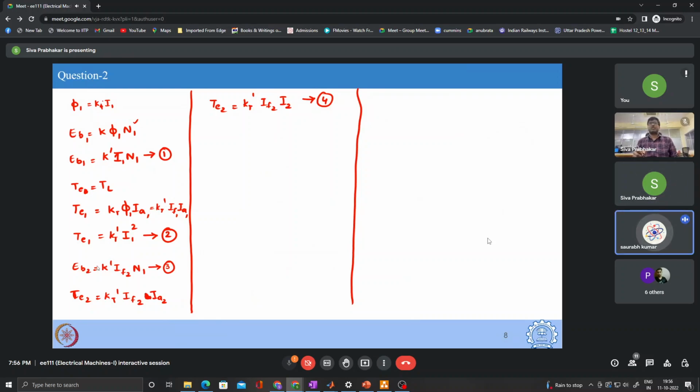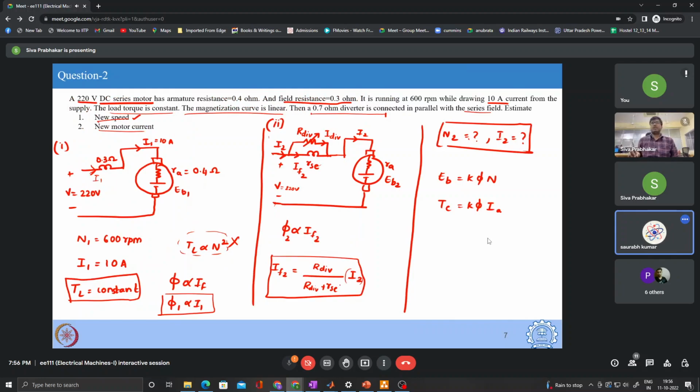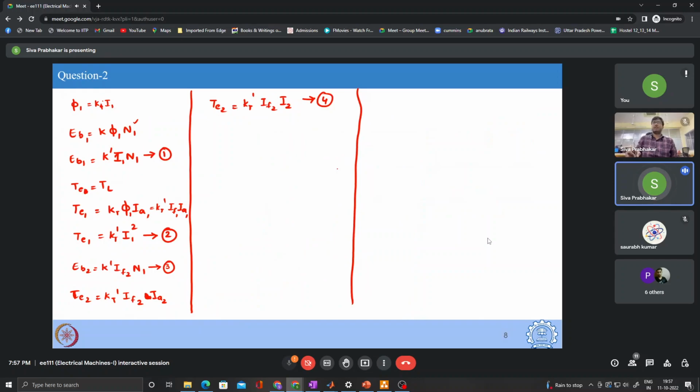Sir, do we have the two field currents in condition 2 and the current I2 just alike, right? No, because IF2 will now be a ratio of I2. IF2 is the current which is only flowing through the field winding, so it is not equal to I2.